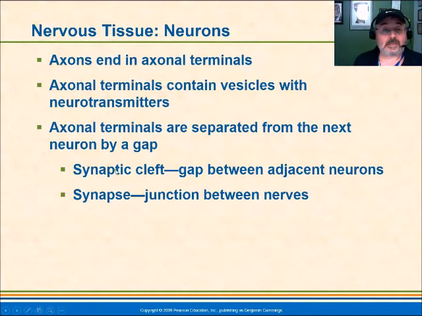And that space is referred to as the synaptic cleft. A synapse is the axonal terminal, the synaptic cleft, and the receiving side. So we consider all of that the synapse. But what will happen is that we'll release the neurotransmitter into that space, and it actually has to diffuse across that gap.